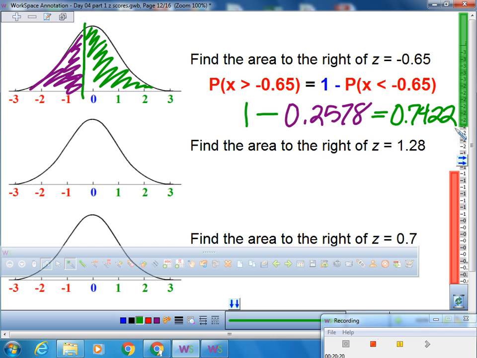Yes? Well, looks can be deceiving, right? That's why we have tables. What's the answer to that?